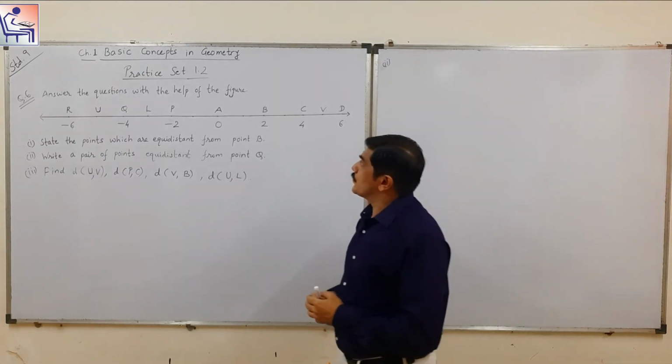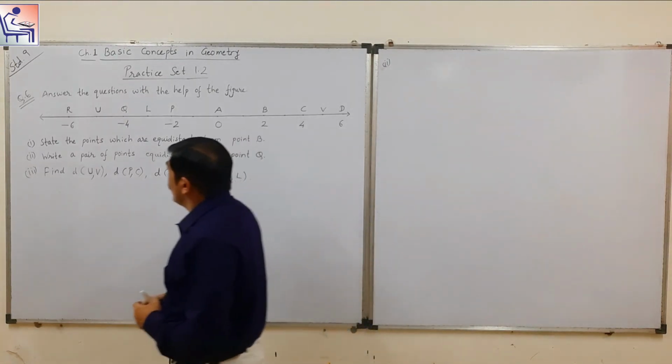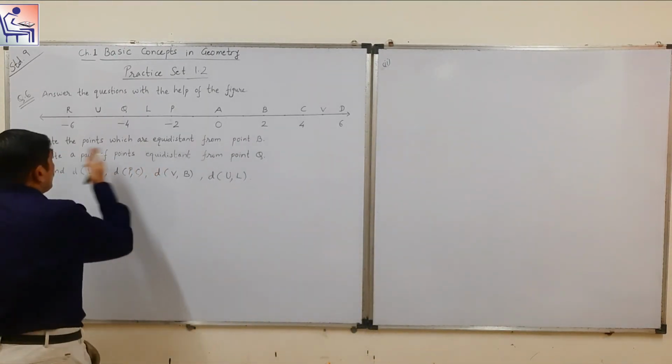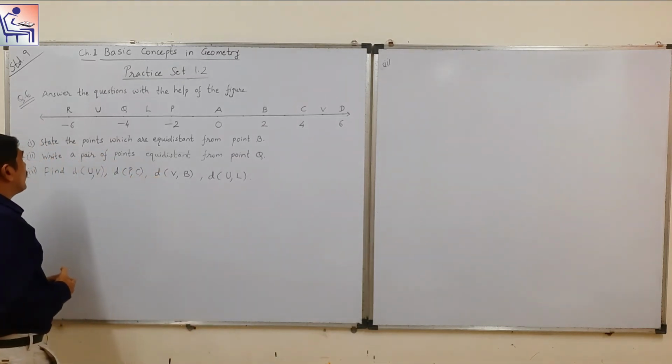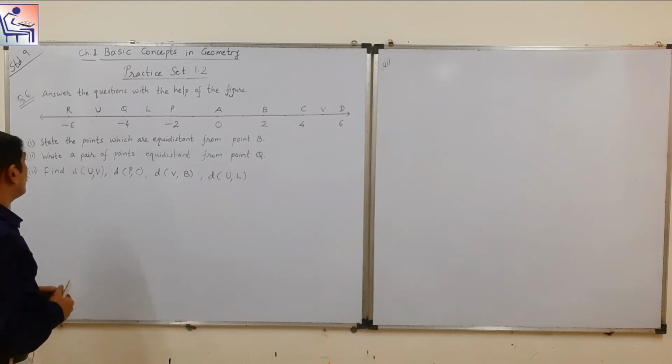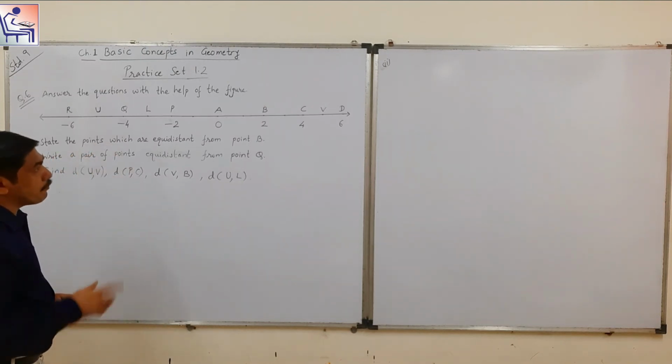Answer the questions with the help of the figure. One number line is given to you. Here on this number line, you can find some coordinates are also given. And the first question, state the points which are equidistant from point B.